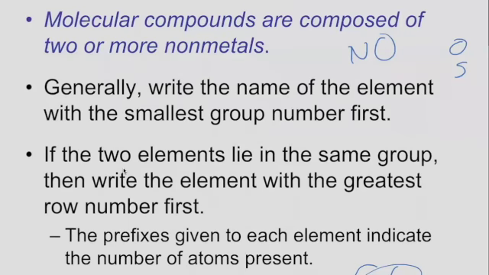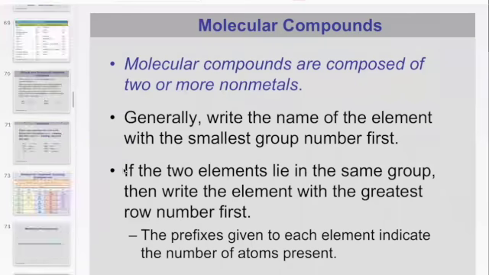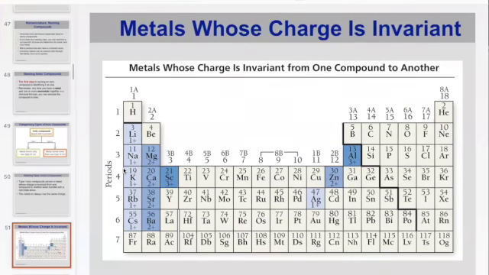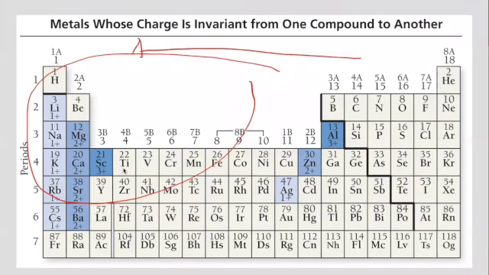In general, the metals, if you look at the periodic table, let's see if I have one here. Here's your periodic table. So the metals are going to be this area, right? So as you get closer to this side, your metals are going to increase. And as you go down, the metals are going to increase.